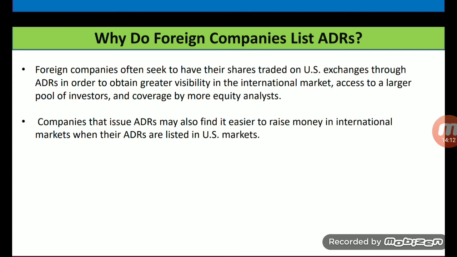So these are the main purposes of foreign companies to list ADRs. Companies that issue ADRs may also find it easier to raise money in international markets when their ADRs are listed in US markets.